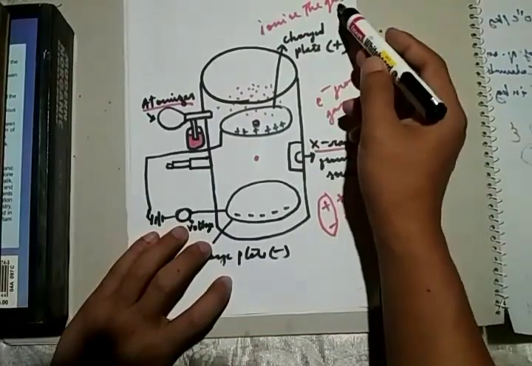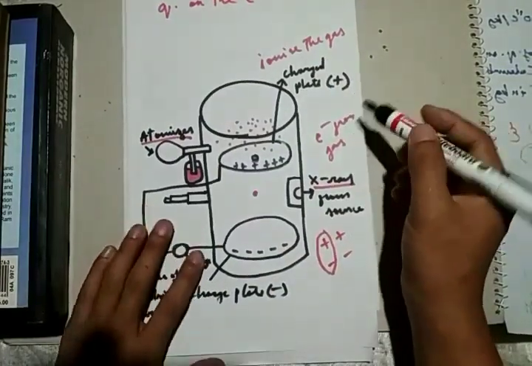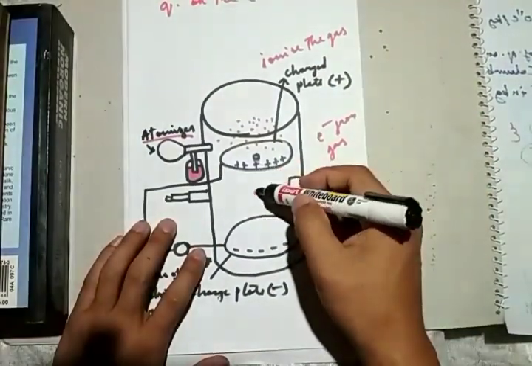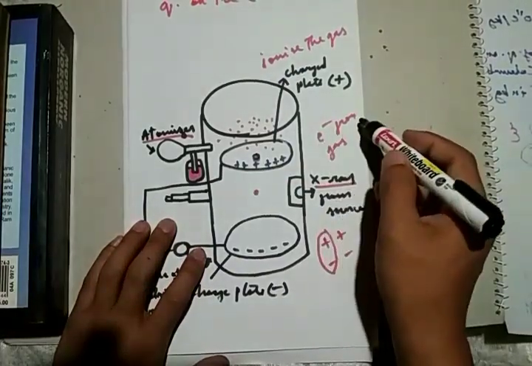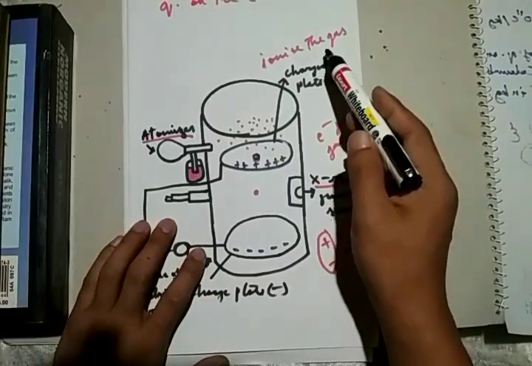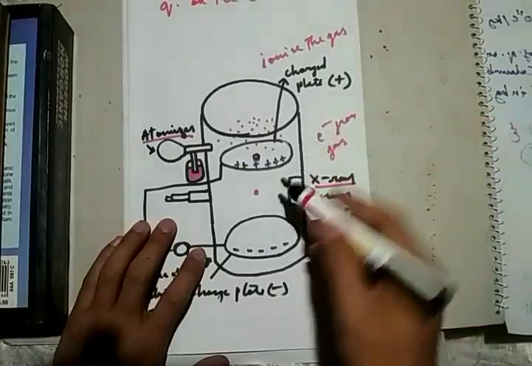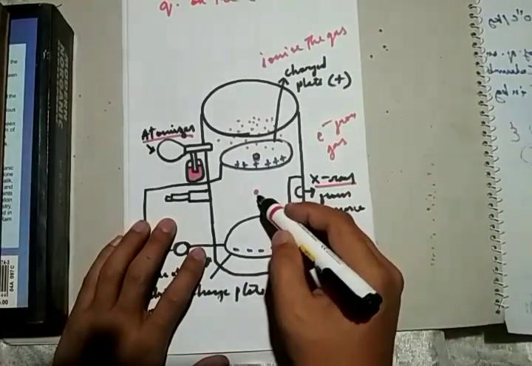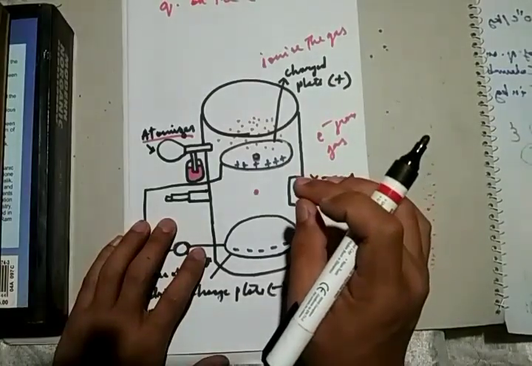They will ionize the gas. So when a droplet falls through this hole, the electron ejected from the gas, or this ionized gas, will give its electron to this droplet, and this droplet will acquire a negative charge.